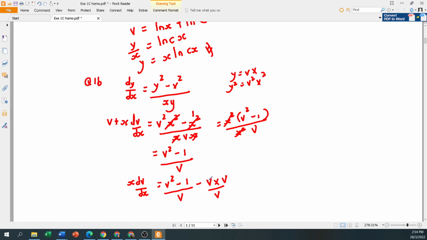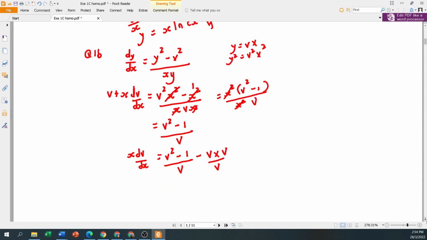And then when you want to combine here, the v on the right hand side you bring to the left hand side, so minus v. Here you have divide by v, so to combine it you divide by v, then you have to multiply by v. Now the same denominator, which is over v, then you can combine it as one quotient function.